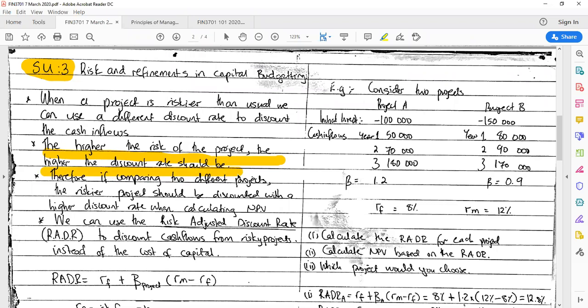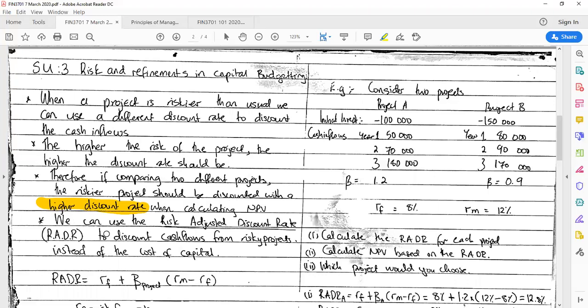So if a project is risky, you should discount it with a higher discount rate. So this discount rate is a measure of risk. Therefore, if comparing two different projects, the riskier project should be discounted with a higher discount rate when calculating NPV.